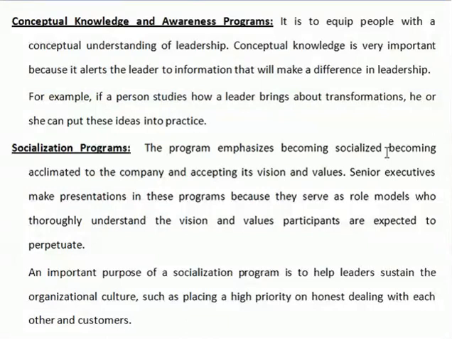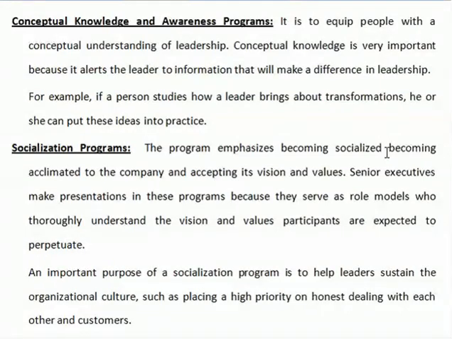This is going to equip the leaders. This type of conceptual knowledge is very important, because it will give some alerts about what makes a difference in leadership. So we have some examples here: if a person is going to study how a leader brings about these ideas in real life situations.